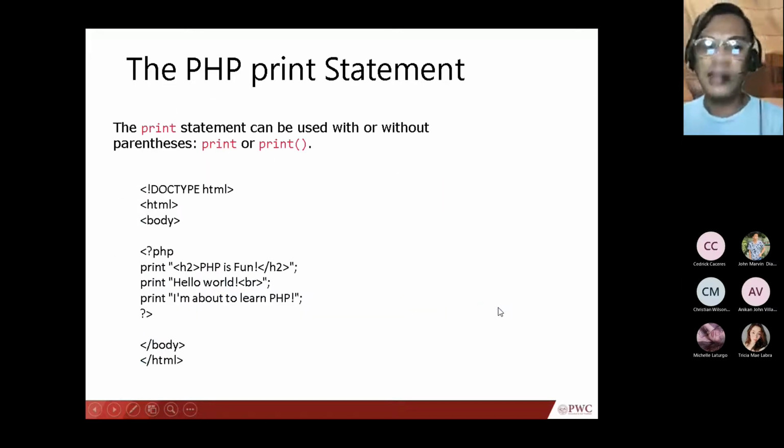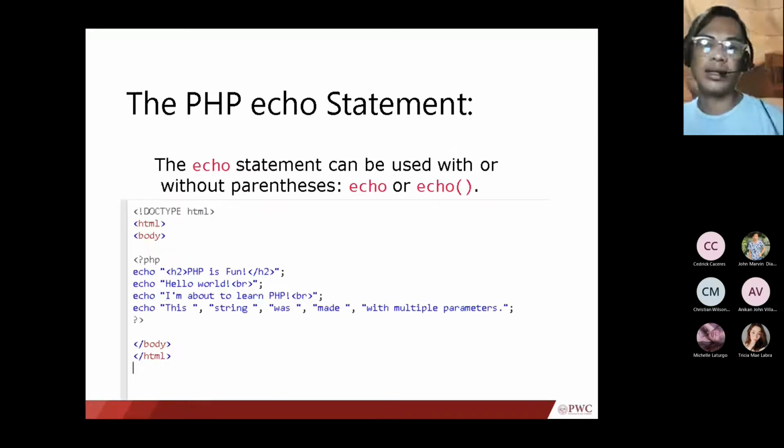Okay. Let's start with this example. Let's make a sample. Before I do that, I will screen share the XAMPP with you. What you will do first is open the XAMPP.